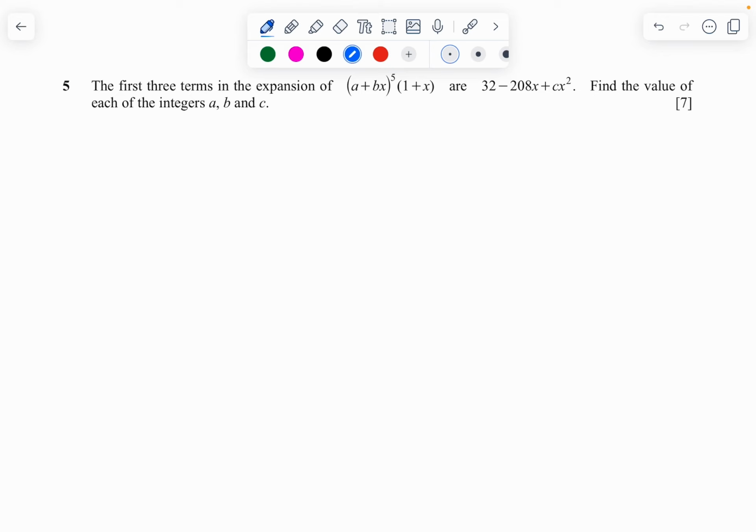Since it says first three terms, I'm going to expand the first three terms. I'll start with a^5 plus 5C1. The first one was 5C0, now it's 5C1. 5C1 is 5, a^4 and bx, plus 5C2. 5C2 is 10, a^3, b^2, x^2, plus and so on.